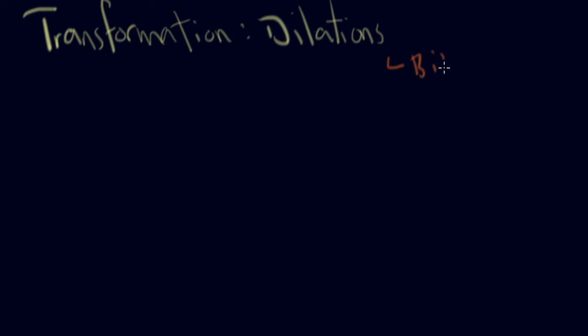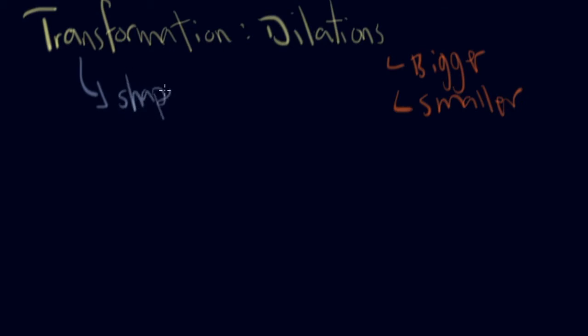A couple of things to keep in mind is that this is one of the transformations that we would say is not rigid. So the size will actually change. The shape basically remains the same, but the size is going to get different.